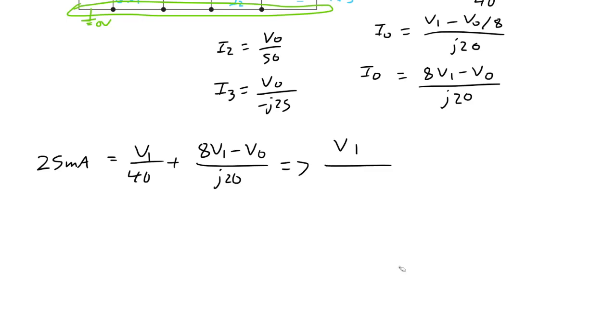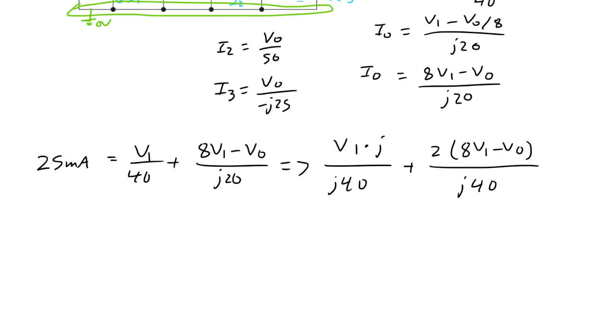So I'll multiply the top and bottom by J. So it's going to become J40. It's basically the same as dividing and multiplying by the same number. And I'm also going to multiply this by 2. So that way we can get the denominator to be the same sort of magnitude. So 8V1 minus VO over J40.